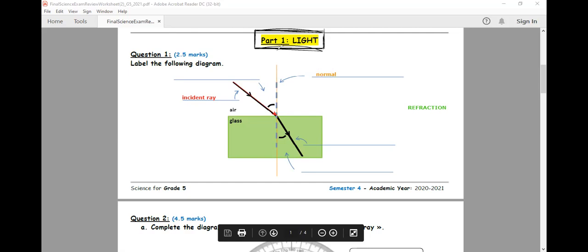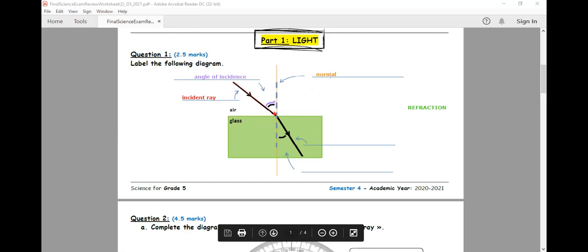What do we call the angle between the normal and the incident ray? Angle of incidence. It is located between the normal and the incident ray. We're talking here about refraction.